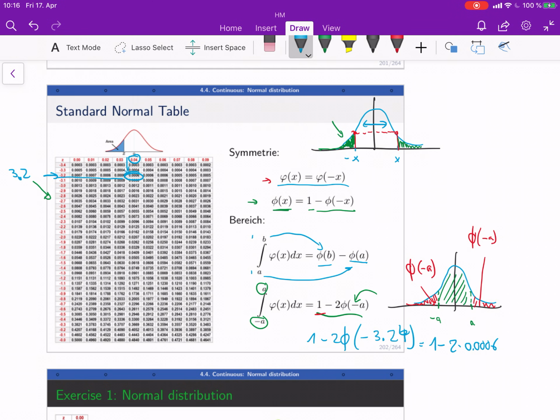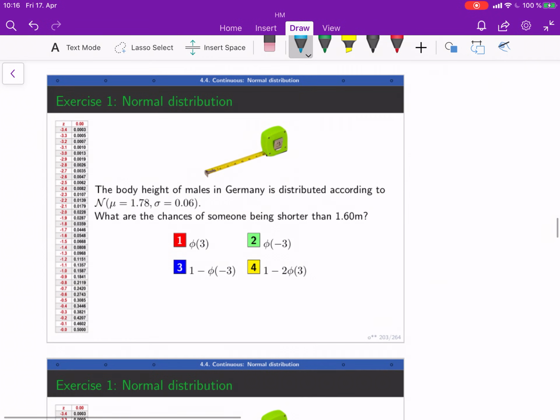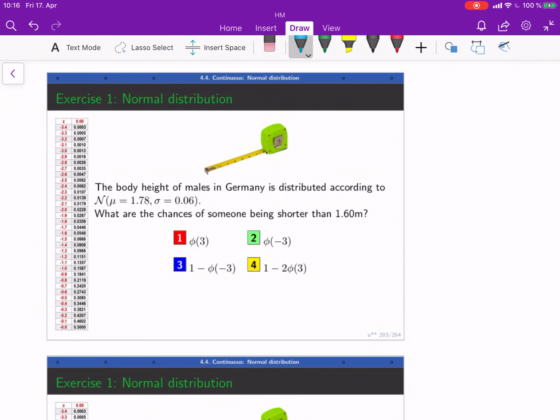Cool. Let's go into a few exercises, and I've got quite a few, I think 5 different ones, just because the normal distribution is one of the most important ones. Assuming the height of males in Germany is normally distributed, with a mean value of 1.78 meters and 6 centimeters standard deviation, what are the chances of someone being shorter than 160?